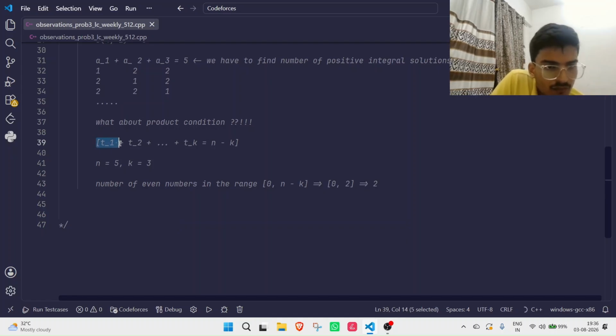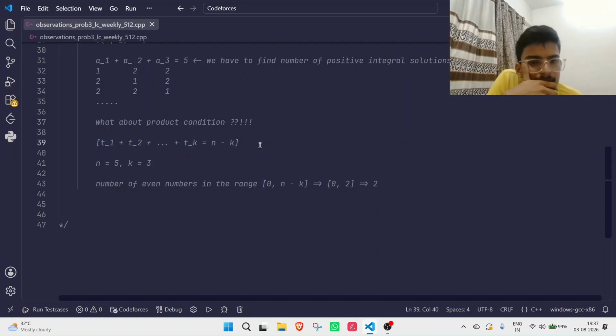So everyone can take two values if they are to be even. But it can't go beyond. The sum should be n minus k, and if this is 4, then it is not allowed.